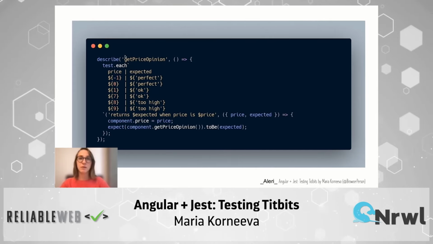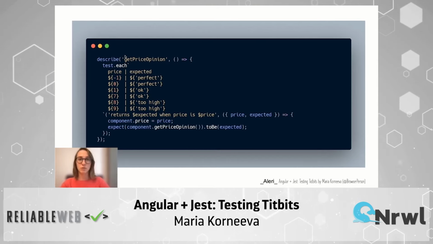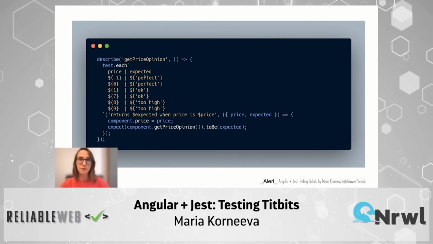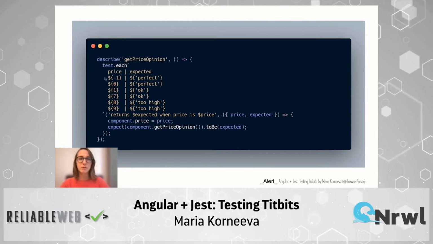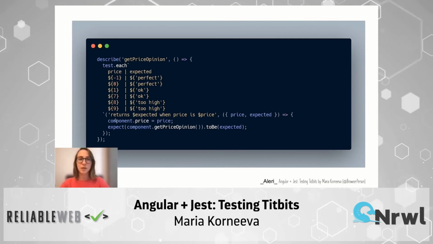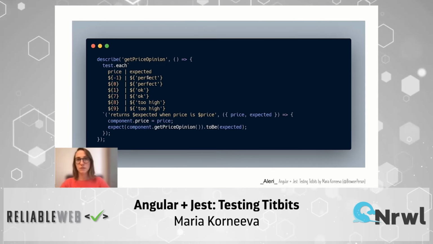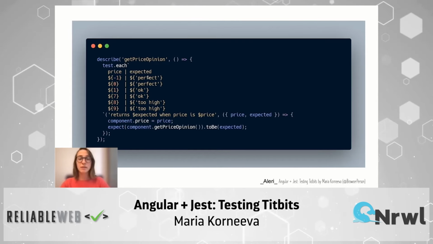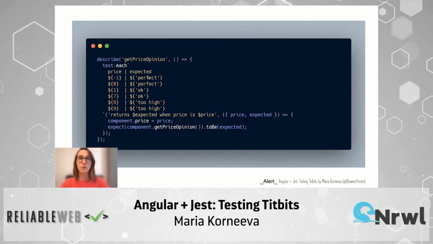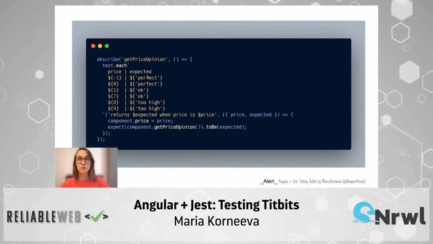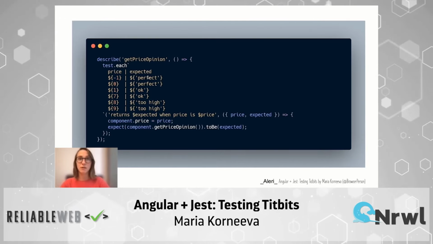The real case scenario would be to test your inputs. For example, if you have a field with email validation, you can provide some email inputs and the expected validation results. It totally makes sense to do this in the unit test and not in the end-to-end testing, just because unit tests are much faster.